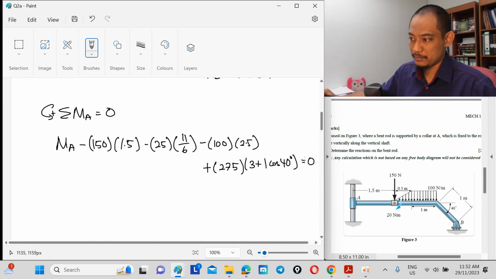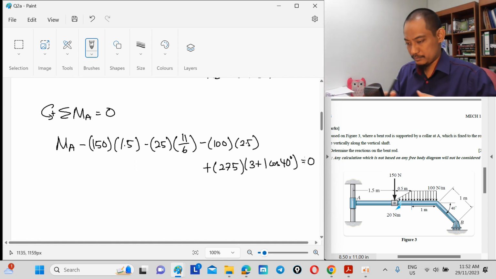All of this equal to 0, right? So if we calculate this: minus 150 times 1.5, minus 25 times 11 divided by 6, minus 100 times 2.5, plus 275 times bracket 3 plus cos 40.